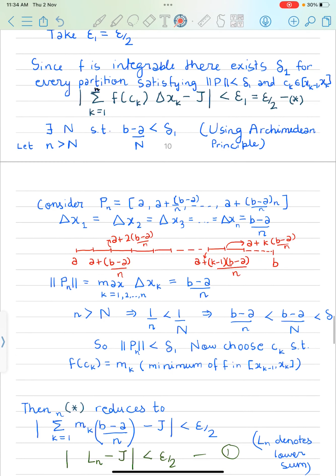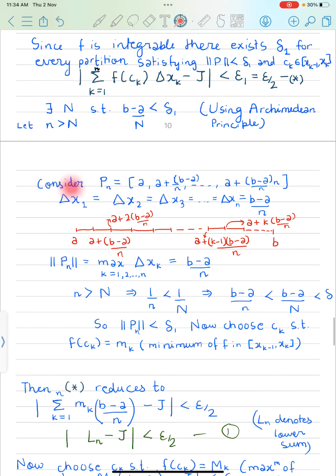Now consider this partition Pn: a, a plus b minus a by n, a plus 2 times b minus a by n, equidistant, up to a plus k times b minus a by n for the kth rectangle, until b. All points are equally spaced, so the distance is b minus a by n. So delta x is b minus a by n for all of them. Now what is the norm of this partition?